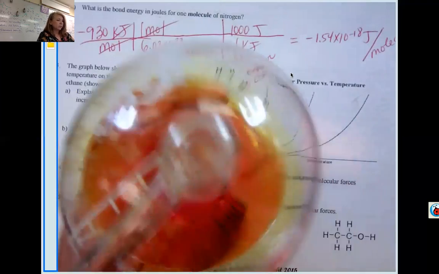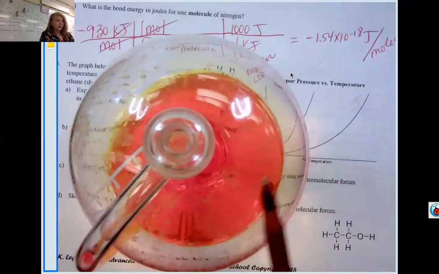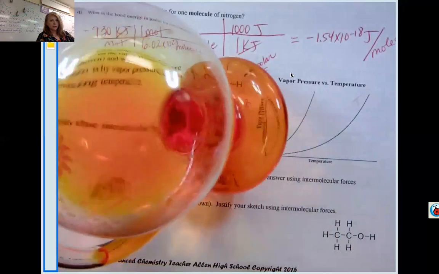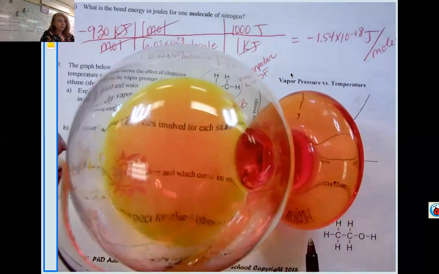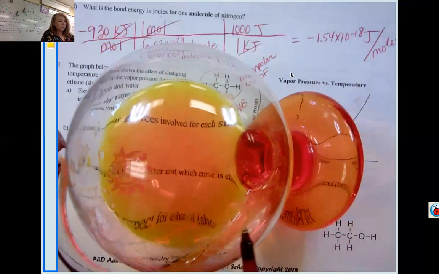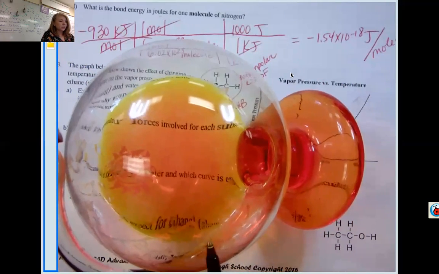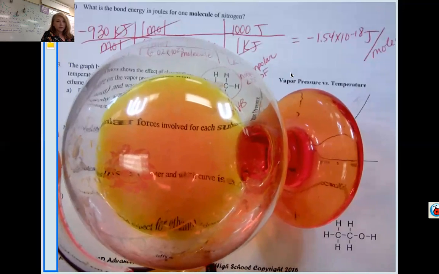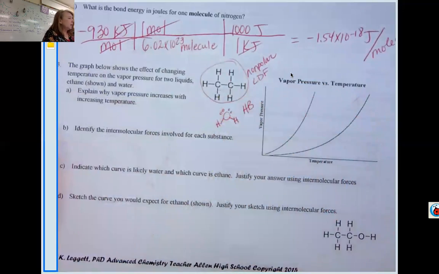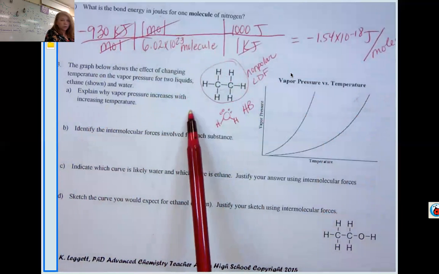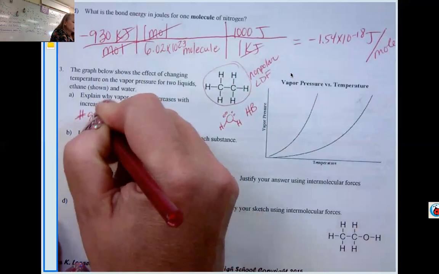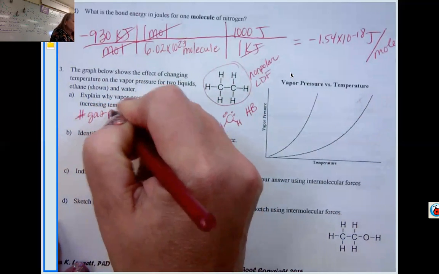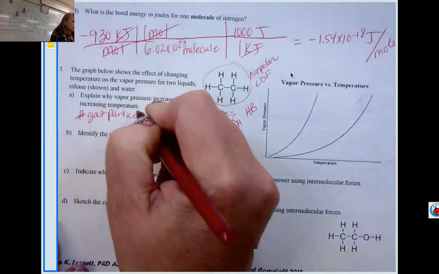Those gas particles inside the globe itself, not the little arm, are putting some pressure on the top of the liquid, and that's called vapor pressure. Why does that increase with increasing temperature? Because the number of gas particles is increasing.